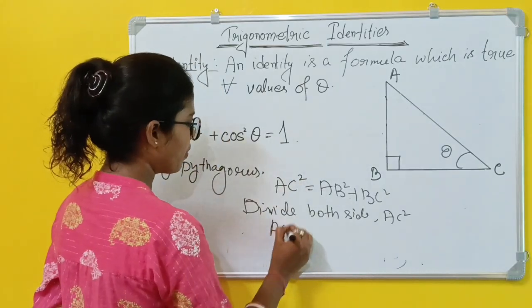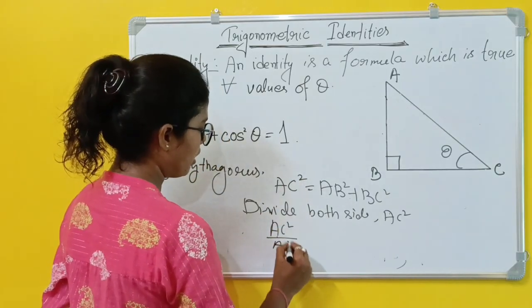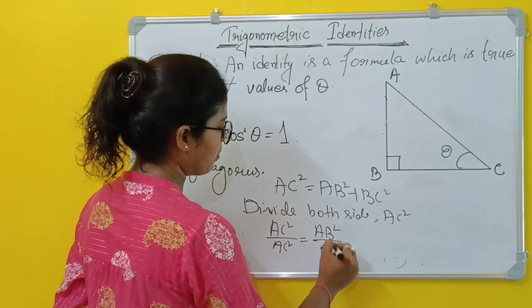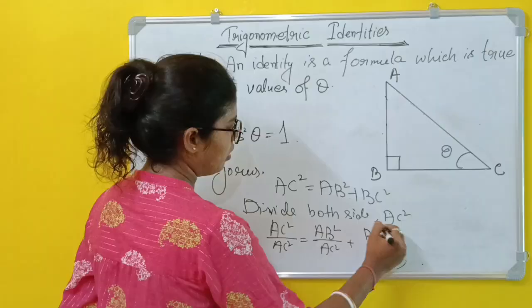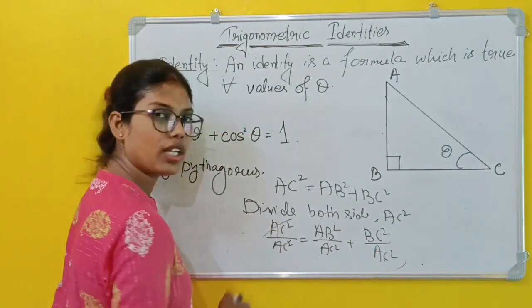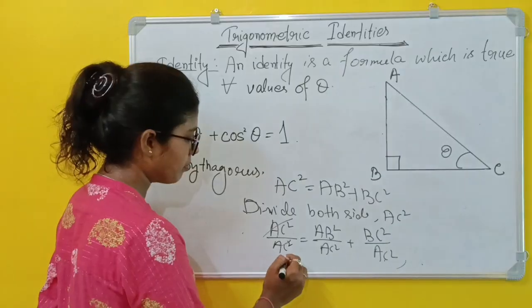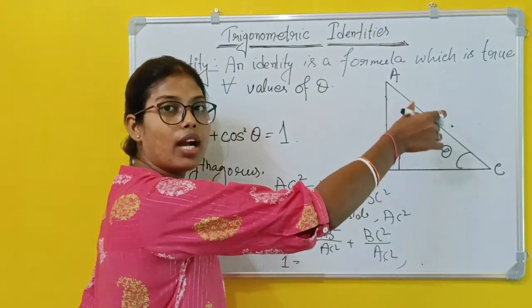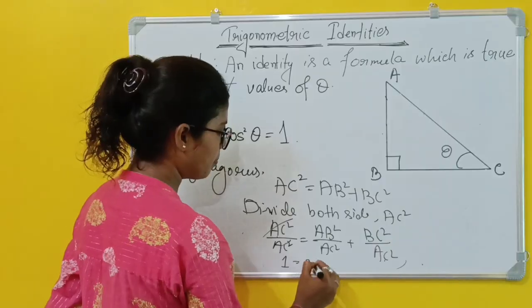So it becomes AC square by AC square, AB square by AC square, BC square by AC square. Am I right? AC and AC get cancelled out. What we get is 1. AB by AC, perpendicular by hypotenuse, is sine square.